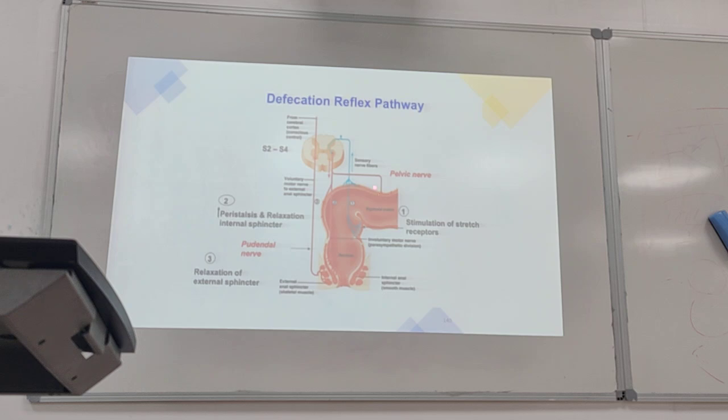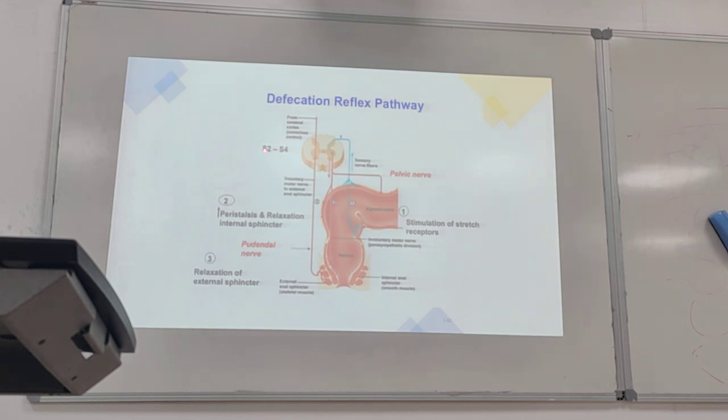Do we have control here? No. Do we have control here? No. Do we have control somewhere here? No. Do we have control here? Yes. What is the name? External sphincter. And we have internal sphincter just close by, for which we do not have control. But the nerve supply is the same story, minus sympathetic. Sympathetic we will not discuss.